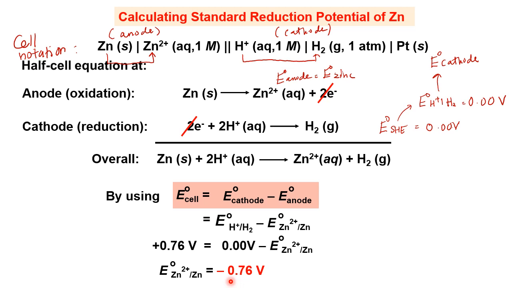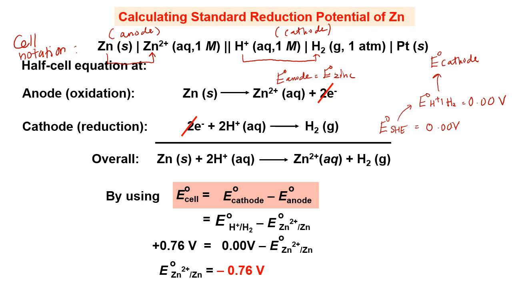So that's why we will not simply take whatever value is on the voltmeter. You need to find the value of the half cell by using this equation. So this is the first example.